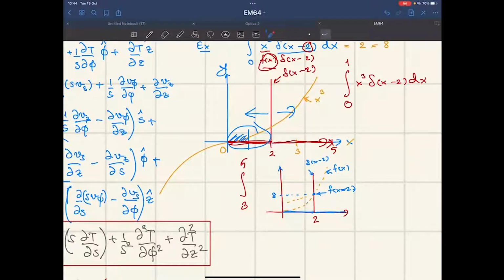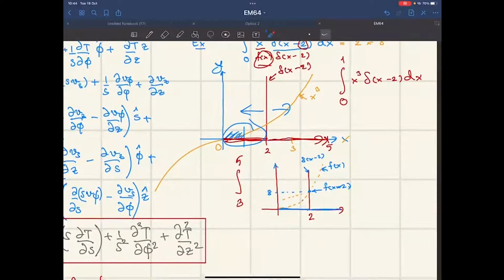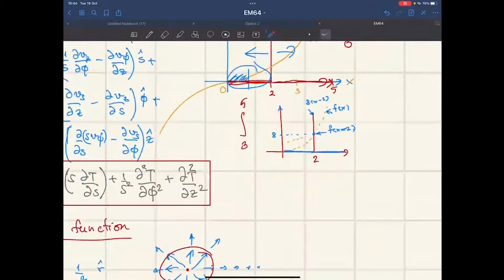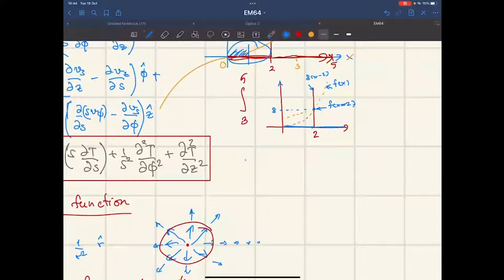Yes, teacher. Okay, good. So now we know how the Dirac Delta function works. What happens if we multiply by a constant? Let's consider another example. We want to show that the Dirac Delta function of kx, where k is a constant multiplied by x, is equal to 1 over the absolute value of k times the Dirac Delta function of x.